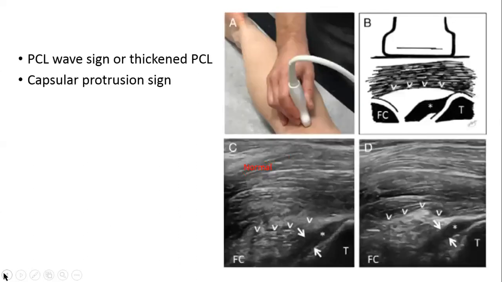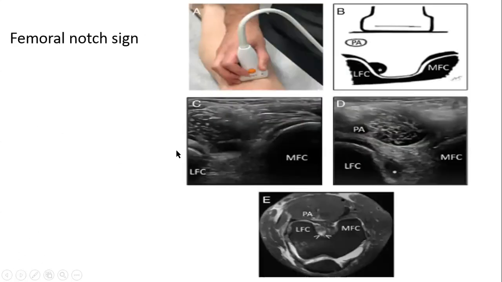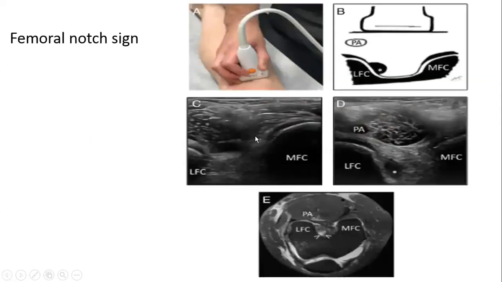So 3 signs: femoral notch sign, PCL wave sign or thickened sign, so wavy PCL or thicker PCL, and capsular protrusion sign. This is for femoral notch, your short axis, and for the other 2 signs, your long axis. So this is long axis. The previous one was short axis.